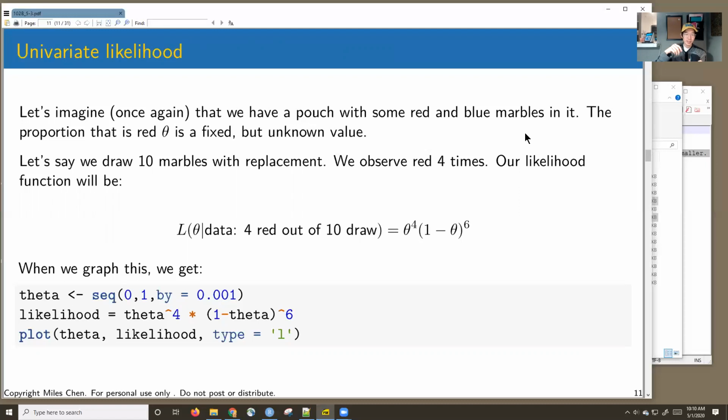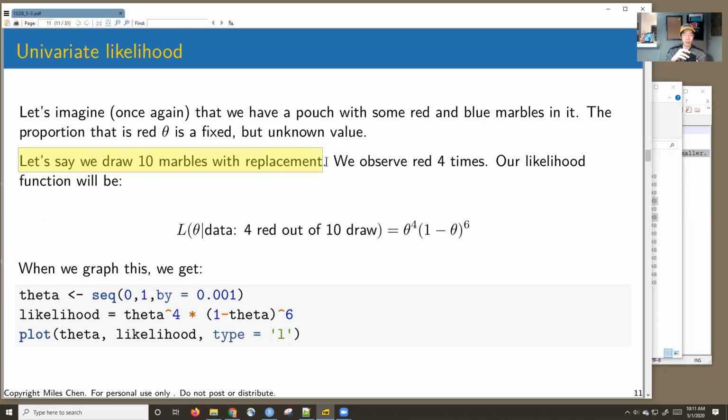The proportion that is red inside the pouch is a fixed value, but it's unknown to us. What I'm going to do is draw marbles with replacement. Each observation I draw will come from a Bernoulli distribution.